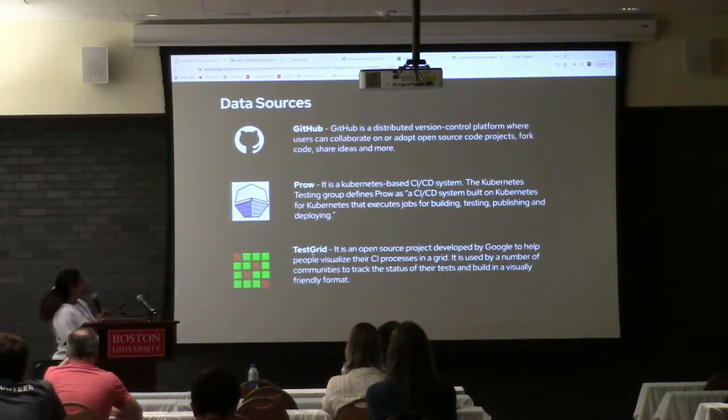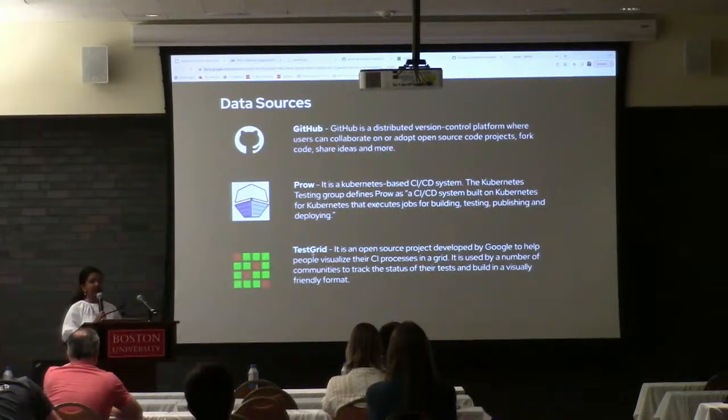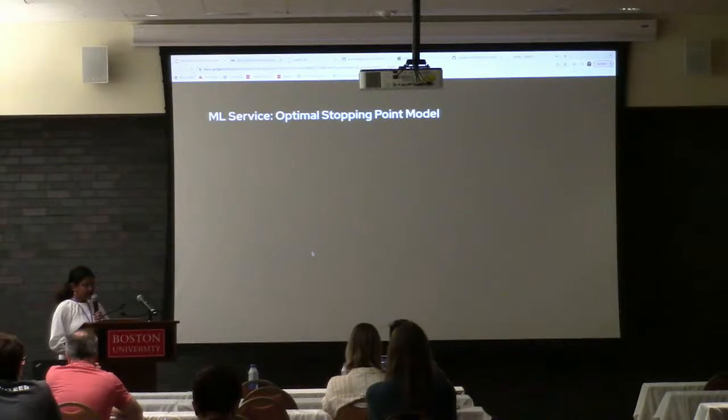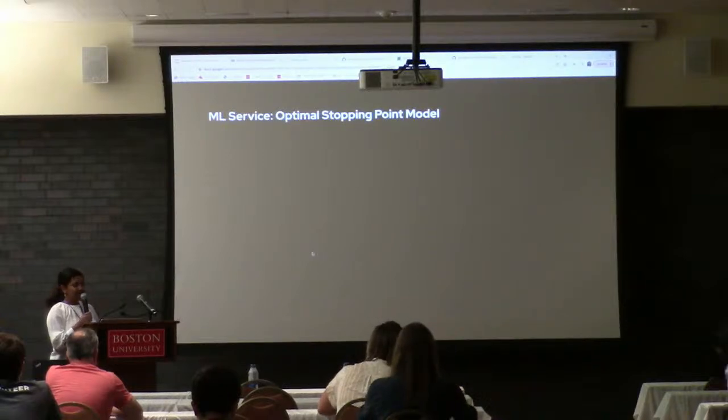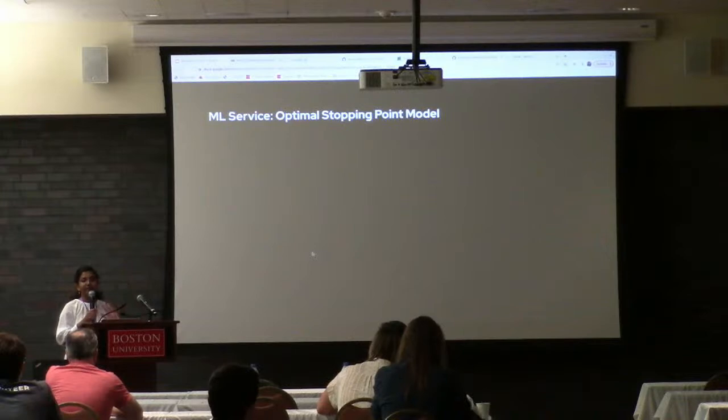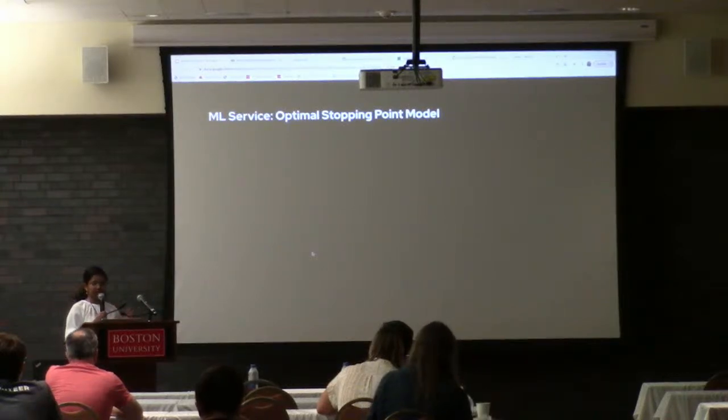Thank you, Akanksha. So now that we've heard about the different data sources that we're looking at, let's dive into some of the models that we've been developing as part of this project. The service we are talking about today is the optimal stopping point model. In this model, like we just went over, we have multiple tests and builds, which take a lot of time to execute.